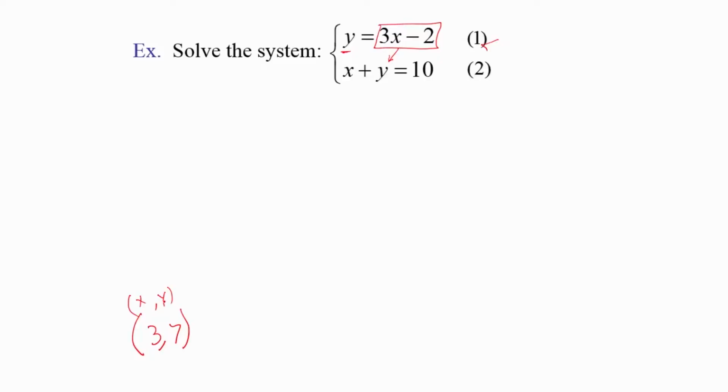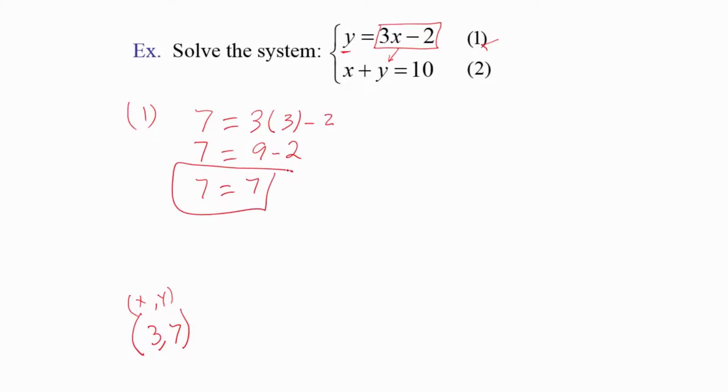So here is x, here is y. X is equal to 3, y is equal to 7. So for example, if you plug in for y in equation number 1, 7 equal 3 times 3 minus 2. So 7 is equal to 9 minus 2, and 7 is equal to 7. So it satisfies equation number 1.